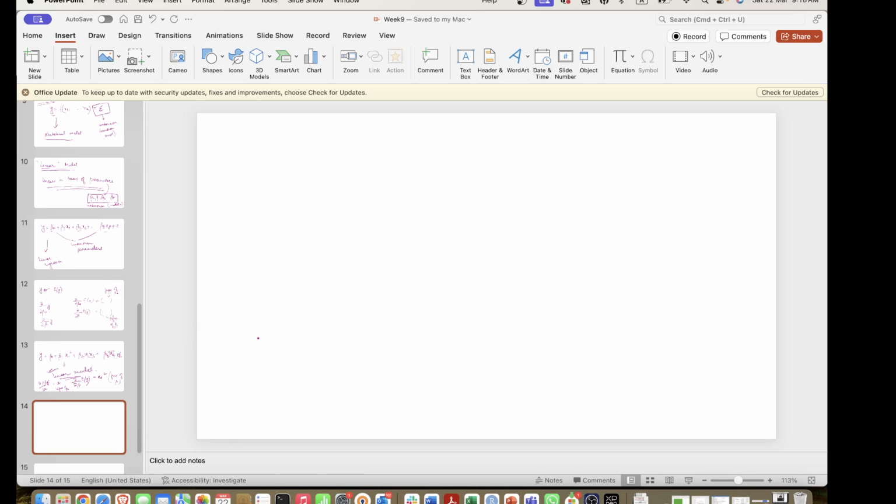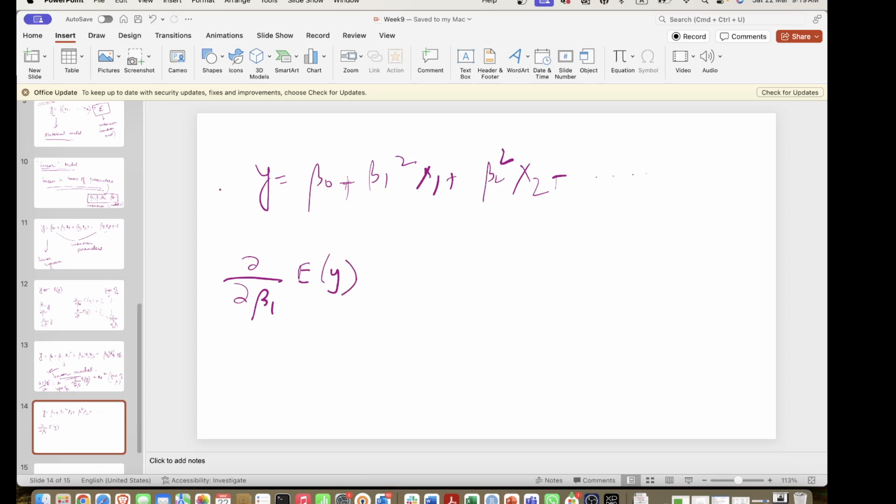So just to give a counter example, if I have something like this, y equal to beta naught plus beta 1 square x1 plus beta 2 square x2, something like this, then if I do del beta 1 of expectation of y, let's say this is my expectation of y, then what do we have?